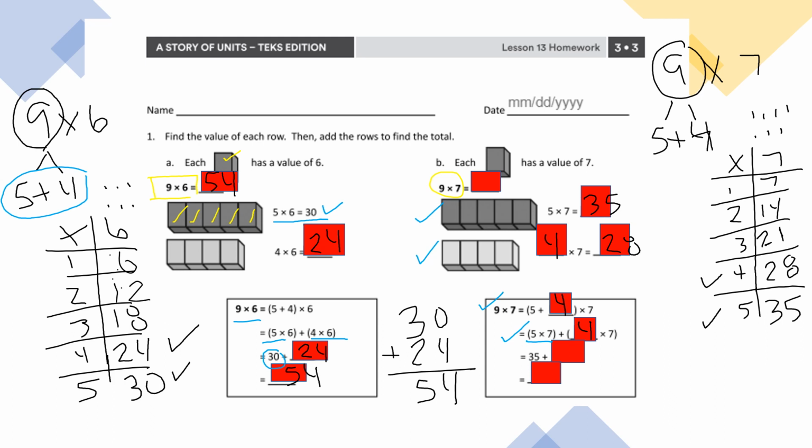Now let's look at the next line where we actually solve the equations. Now they solved the first one for us. 5 times 7 equals 35. 4 times 7 equals 28.